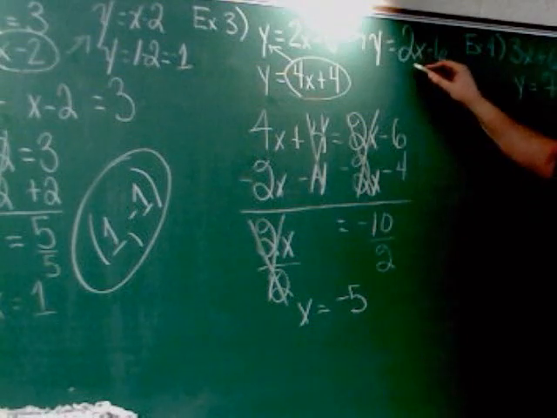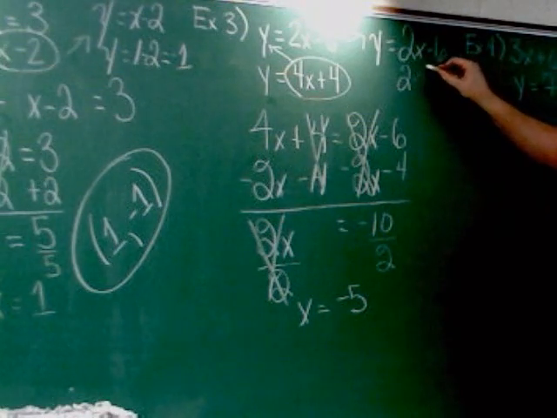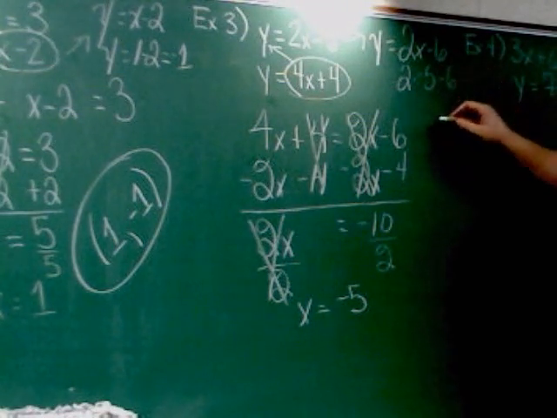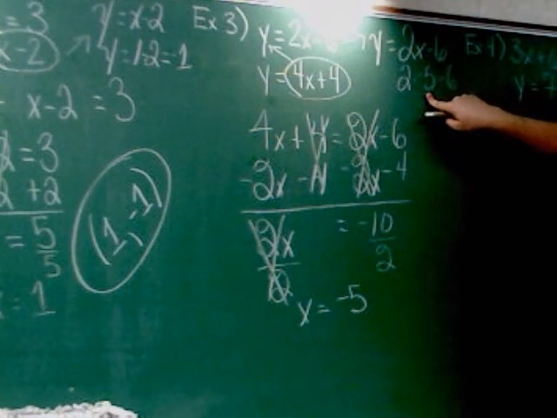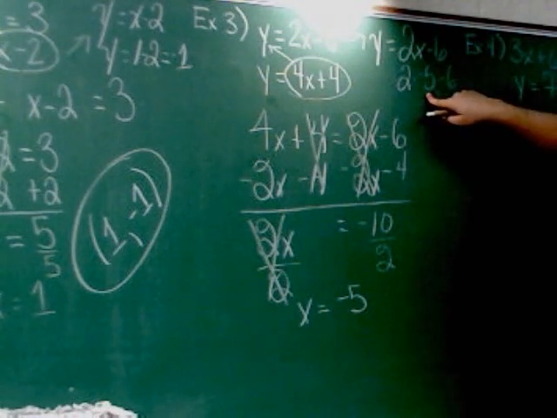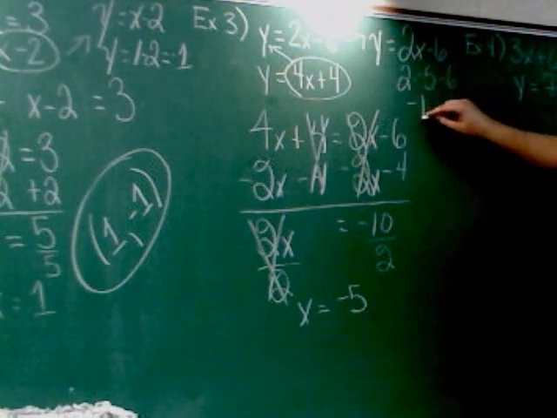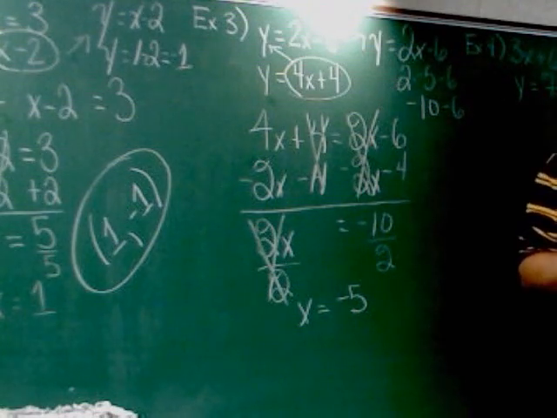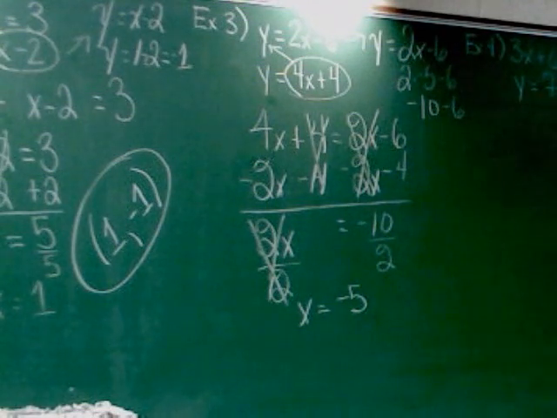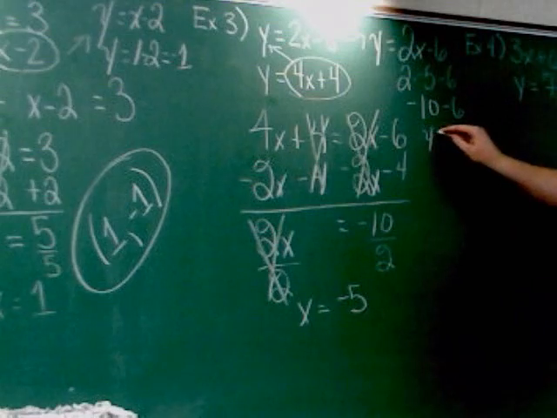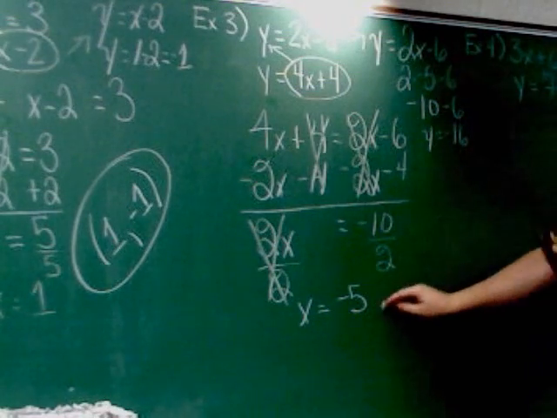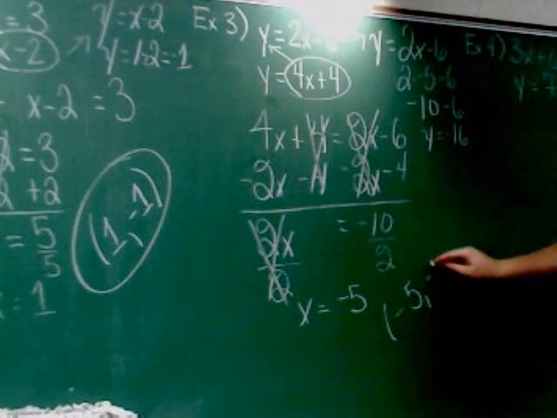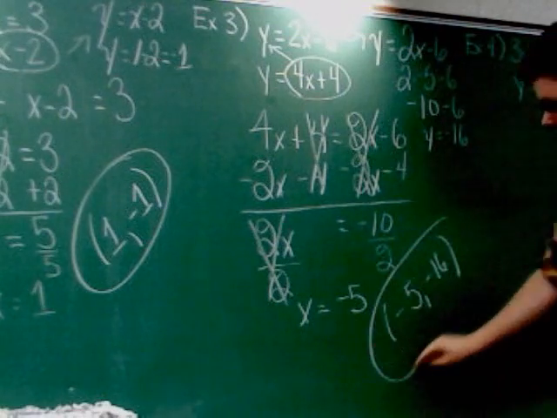So I'm going to change x into negative 5. So I've got 2 times negative 5. That's negative 10. And I've got negative 10 minus 6, which is negative 16. There you go. Negative 5, negative 16.